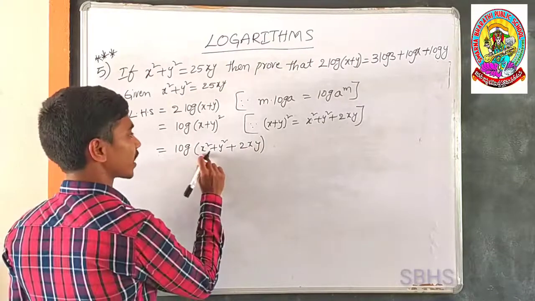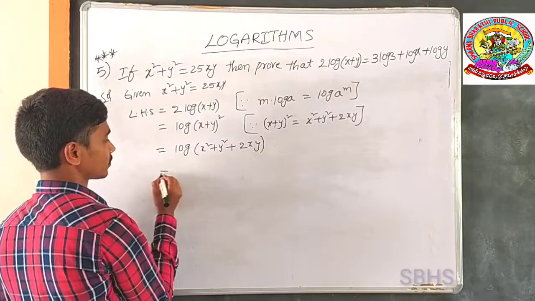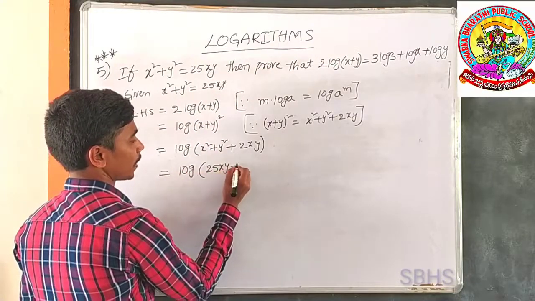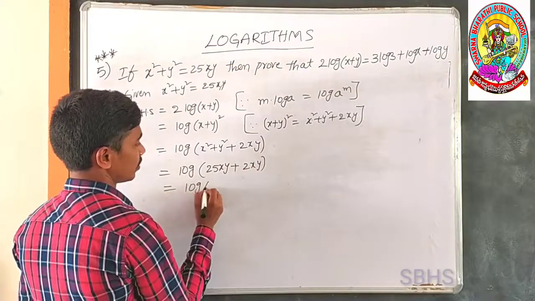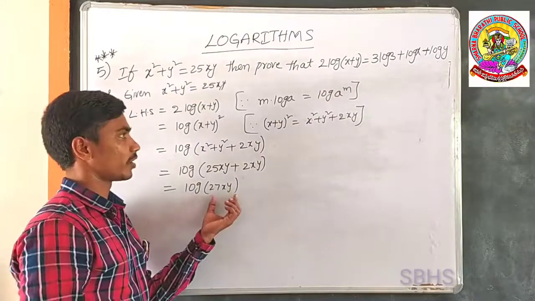From the given expression, x square plus y square is equal to 25xy. Log (25xy plus 2xy) is equal to log 27xy. Once observe, it is in the form of product.